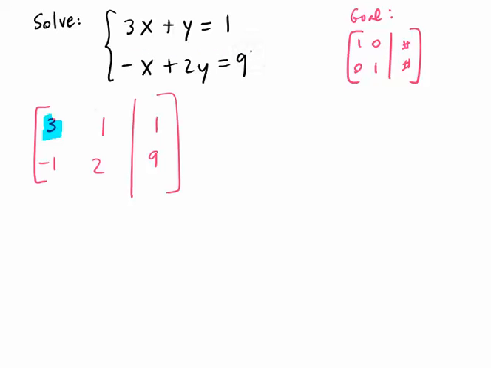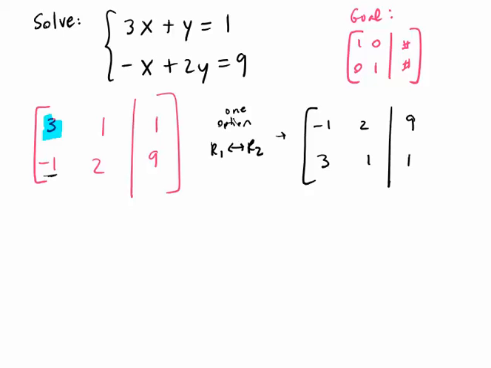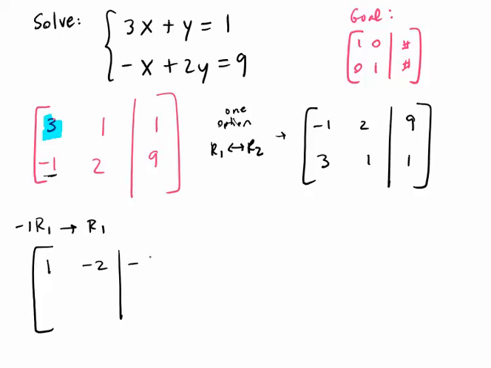If you recognize how easy it would be for that to become a 1, one option is you can just interchange rows. That is one of your rules. So you could actually just switch the positions. And then you can just multiply row 1 by a -1, and that replaces row 1 to get your 1 in the corner, so that would become a 1, -2, and a -9.